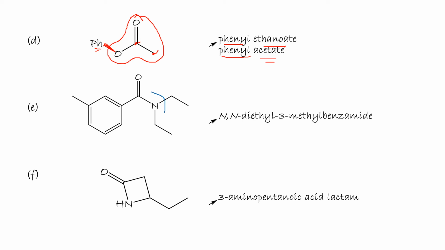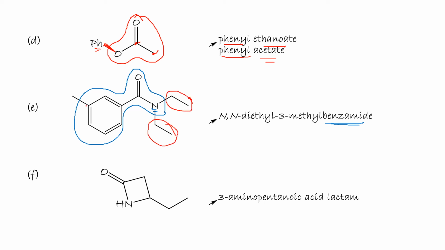Okay, here we have again an amide, that's benzamide. On the nitrogen we have two ethyl groups. It's an ethyl, and this is an ethyl.